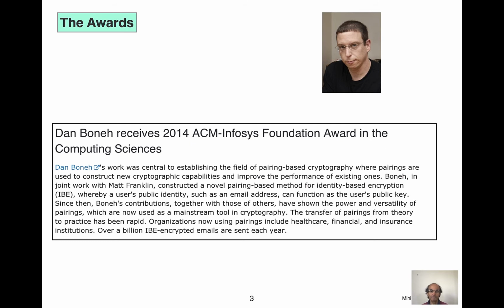These pairing-based cryptography or bilinear maps have had a huge influence even beyond the possibility of realizing for the first time identity-based encryption. And as you can see here, this has been recognized through awards and lots of publications, and now quite a lot of usage of IBE.